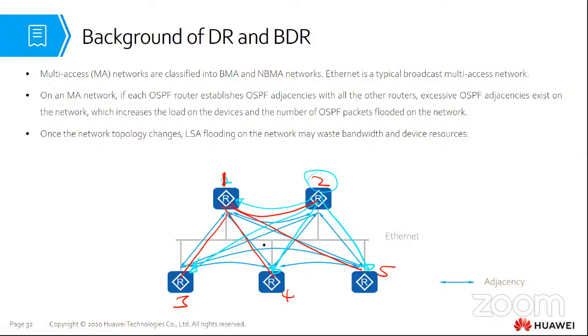In the same way, router 3 needs to exchange link state... You can see, I'm even having trouble speaking it. You get the idea? Exchange link state request, link state update, link state acknowledgement with this one, and with this one, and with this one.